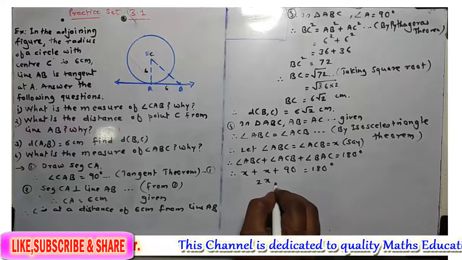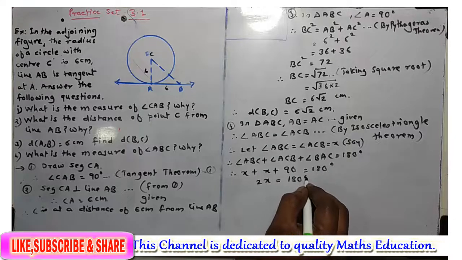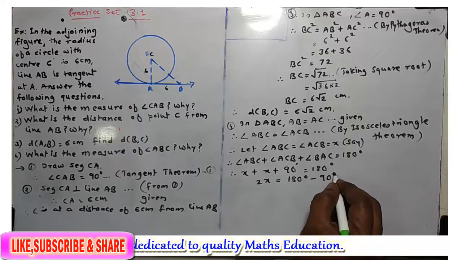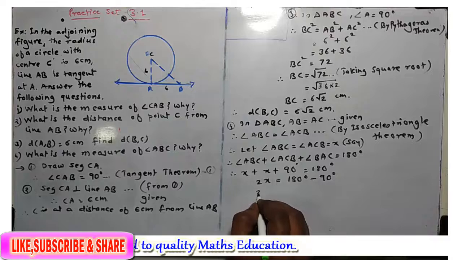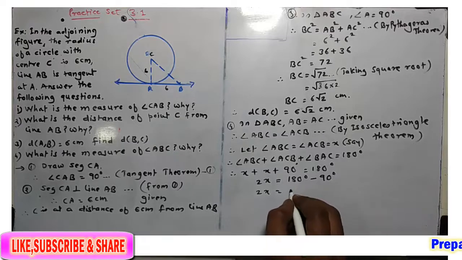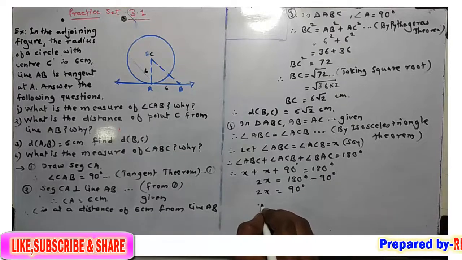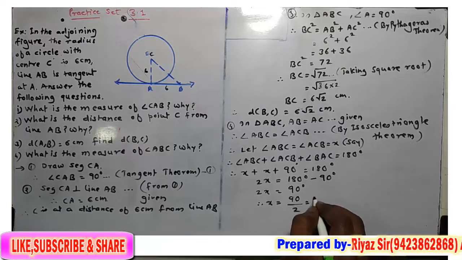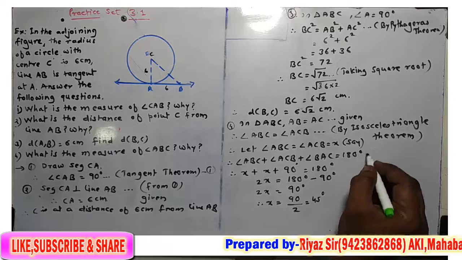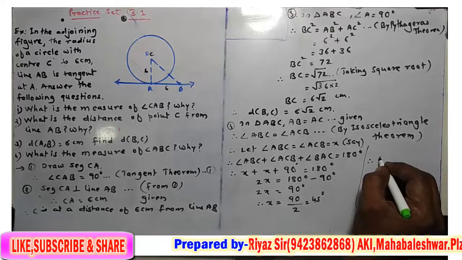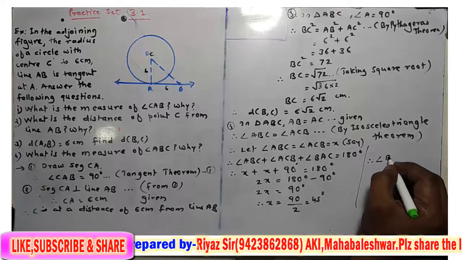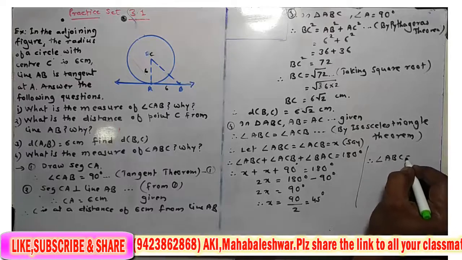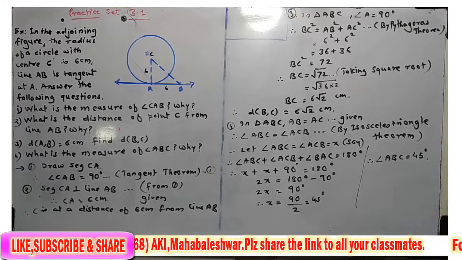So you will get 2x is equal to 180 degree, and this plus 90 degree becomes minus 90 degree on right hand side. So you will get 2x is equal to 180 minus 90, it is 90 degree, and therefore x is equal to 90 upon 2, that is equal to 45 degrees, and therefore angle ABC, not BAC, it is ABC is equal to 45 degrees.